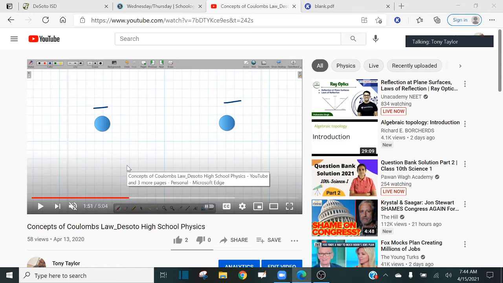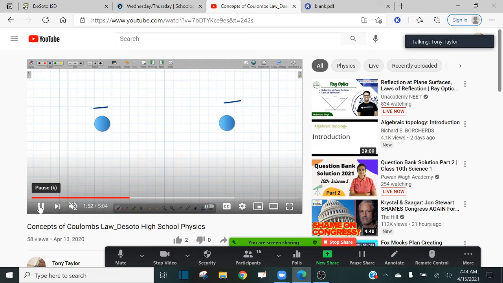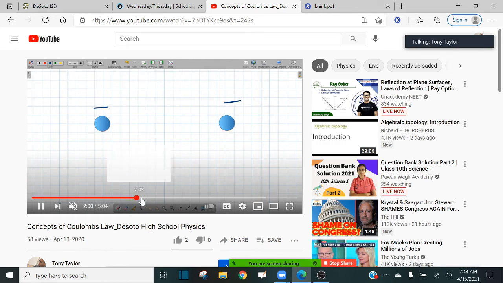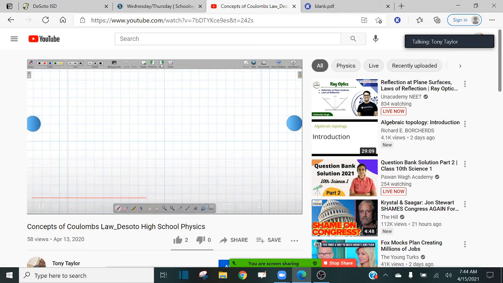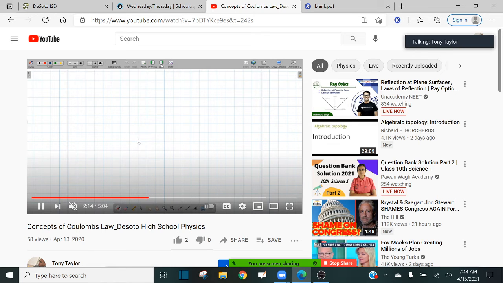Right at the moment that I decide to release the two charges, this is what's going to happen. You're going to get something that looks like this, where the charges are going to fly away from each other. Did you guys see that the charges actually flew away from each other, because that's what like charges do.